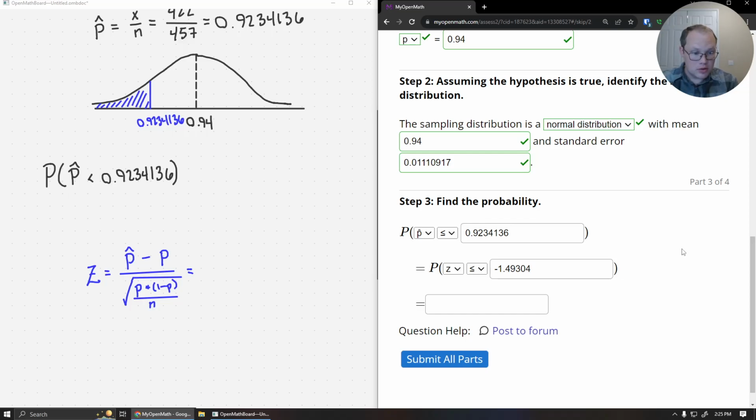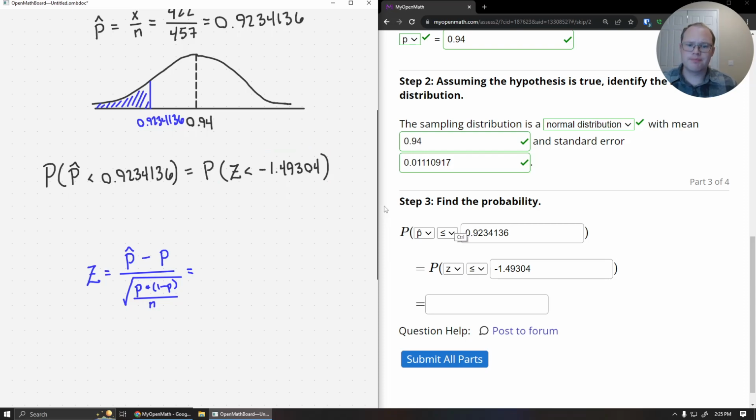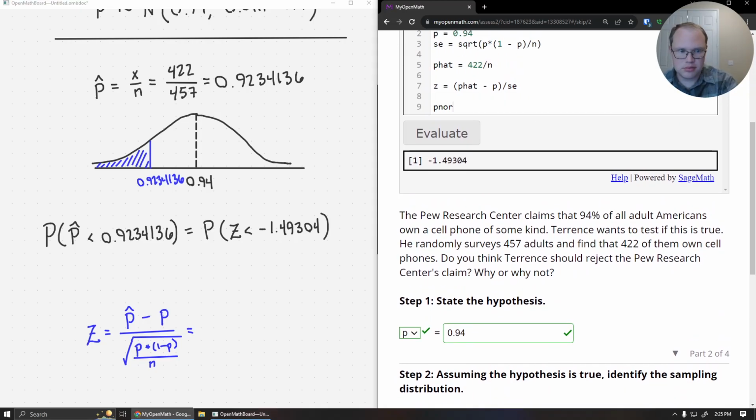Okay, so I've got my z-score, and I know that in order to find this probability, it's the same as finding the probability that z is less than or equal to negative 1.49304. To find this probability, I just plug into my calculator. Again, this is a probability in the lower tail. And so if I want the probability of a standard normal distribution, I just plug in the quantile value, which is the z-score.